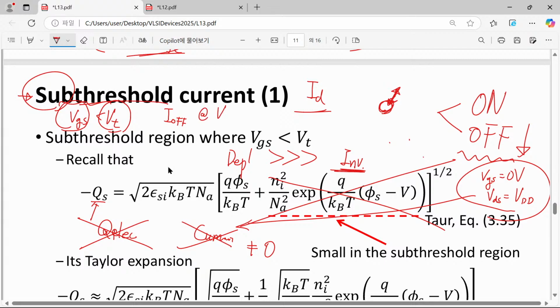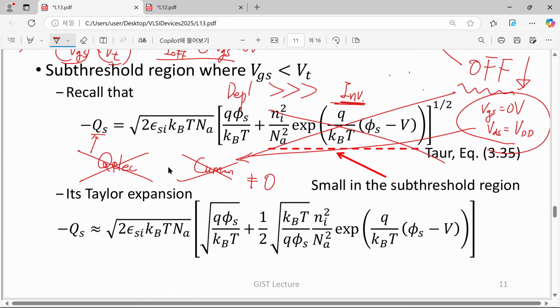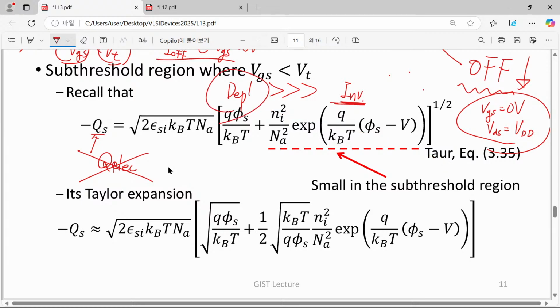Usually off current is measured at VGS equal to 0 volt. So this is a subset, or a specific case, of the sub-threshold regime. That's the reason why we are talking about the entire sub-threshold regime. Simply speaking, in this bias condition, usually depletion charge dominates the inversion charge.